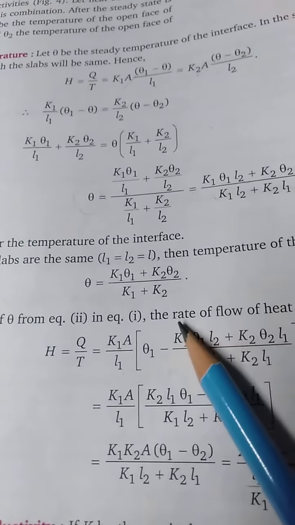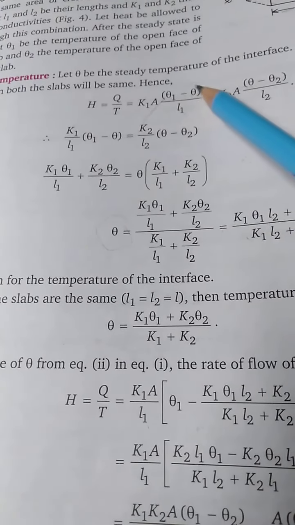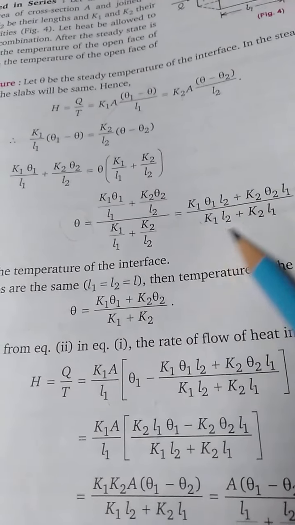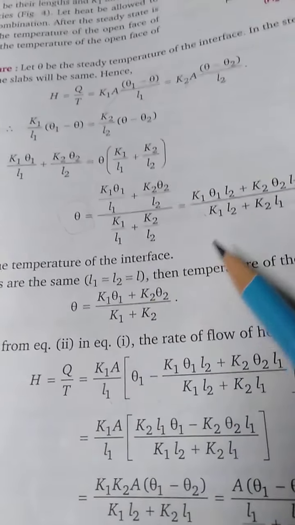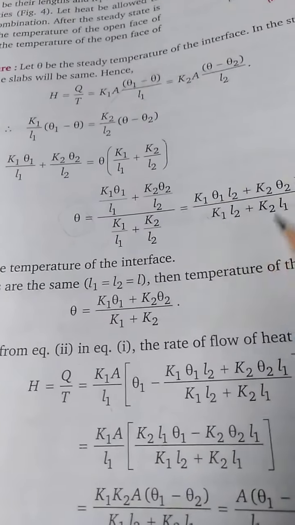For that, in this expression in place of theta we will put this value, the previous one that we got by assuming L1 equal to L2. So in place of theta we are putting this value.